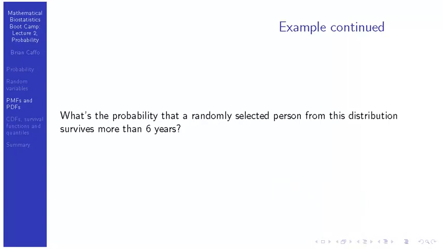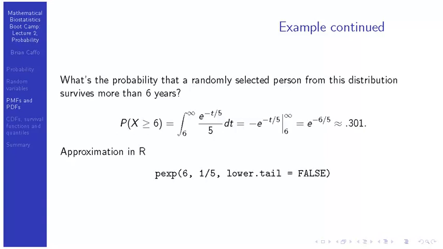Let's go through an example of using this probability density function to assign probabilities. Imagine we were to model this population as if it followed this specific exponential probability distribution, and someone asked us, what's the probability that a randomly selected person from this population survived more than 6 years?